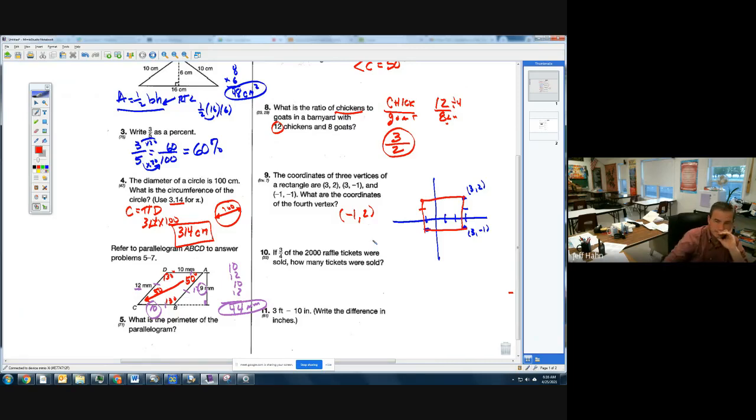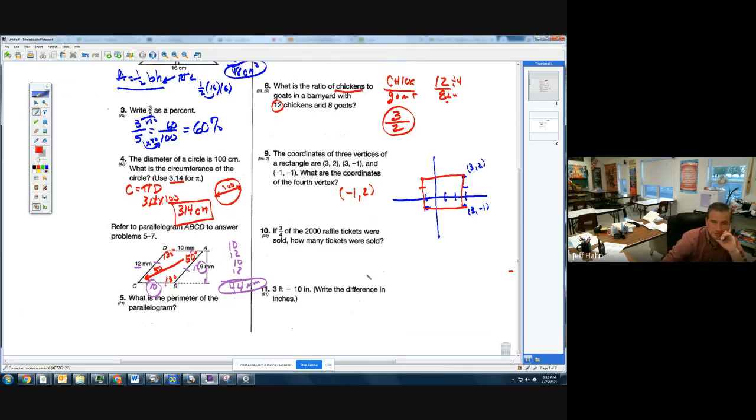Number 10, if 3/4 of the 2,000 raffle tickets were sold, how many tickets were sold? Fraction problems, remember, if you draw your fraction, your rectangle here, this thing stands for 2,000 tickets. I am using the fraction 3/4, and 3/4 were sold.